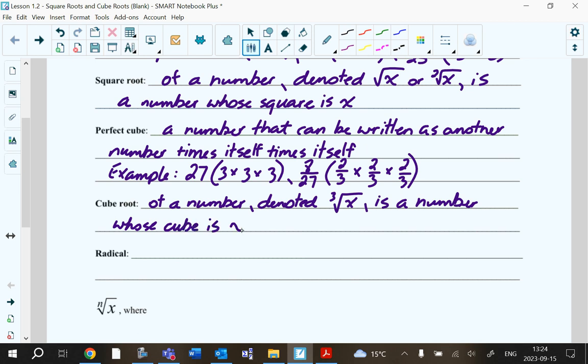So if we take the cube root of 8, we're trying to find a number that when we cube it, we get 8, and that would be 2. So the cube root of 8 is 2.